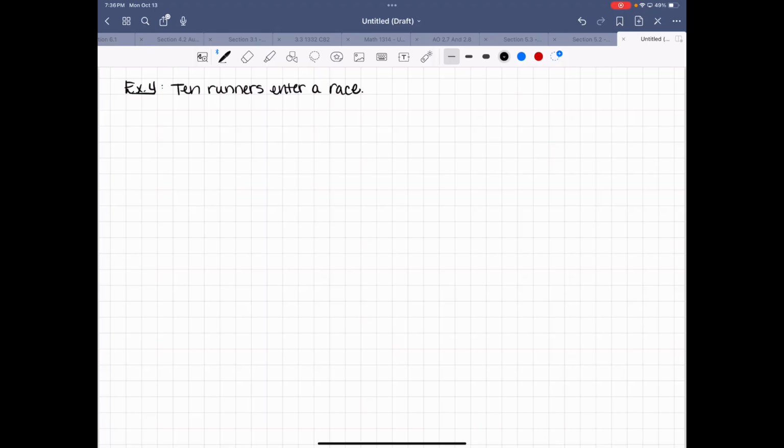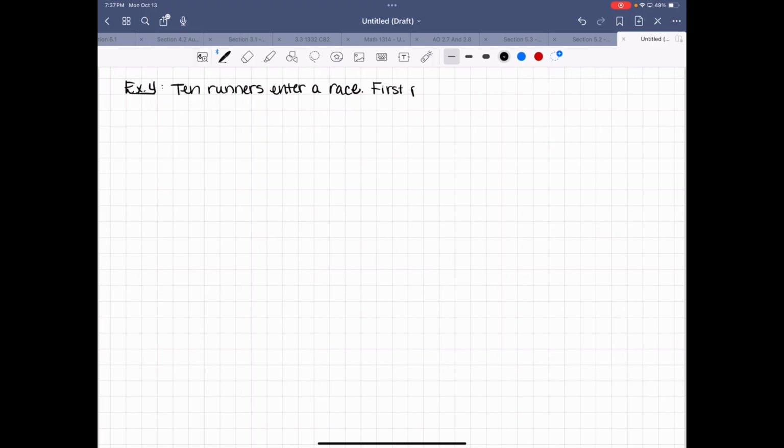The first place finisher will win a gold medal. The second place finisher will win a silver medal. And the third place finisher will win a bronze medal. How many different ways can the medals be awarded? So I'm going to abbreviate that a little bit.